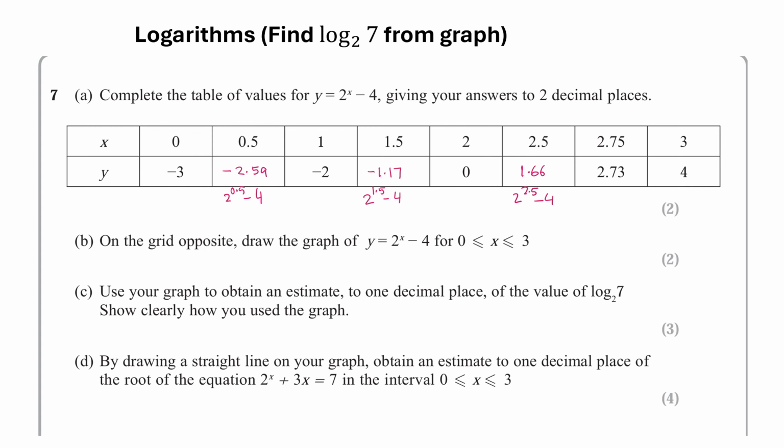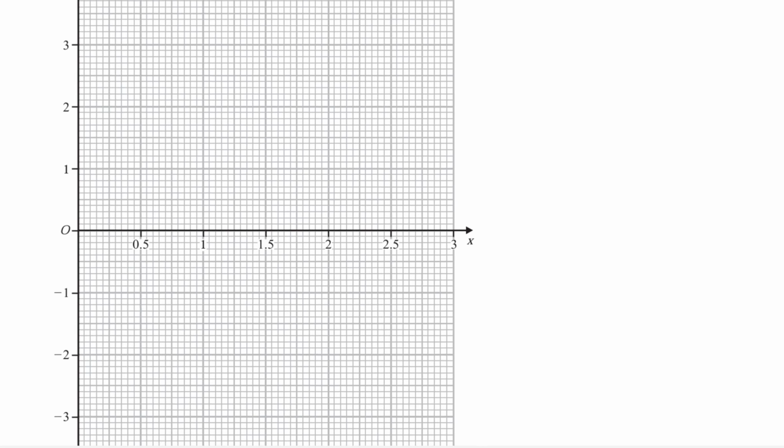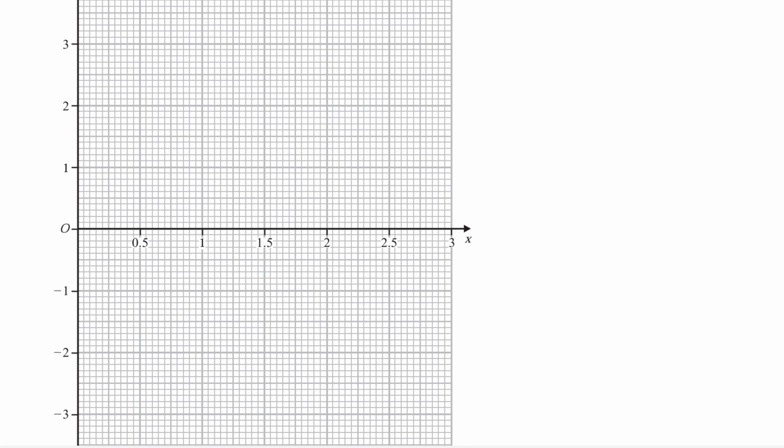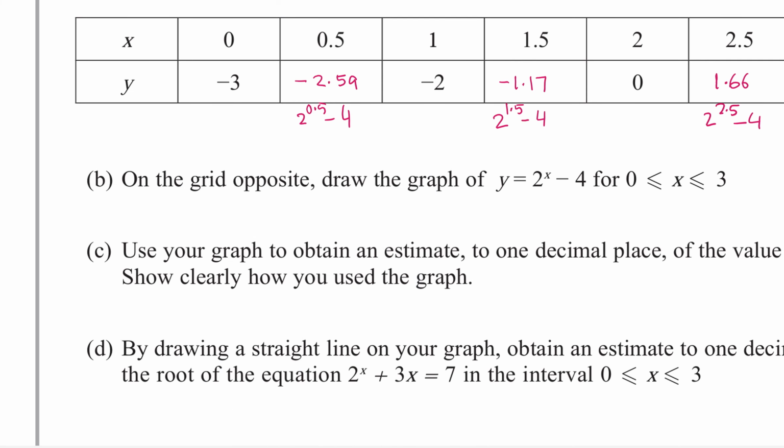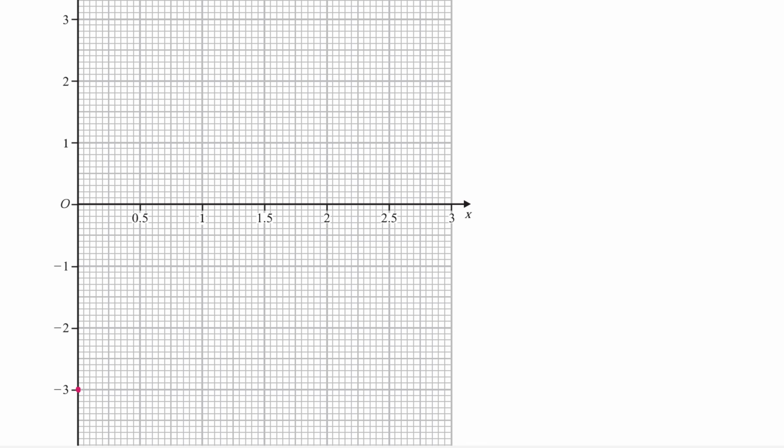So we have 0 and minus 3. So x is 0, y is minus 3. This is the point. Then I have 0.5 and minus 2.6, so that's here.